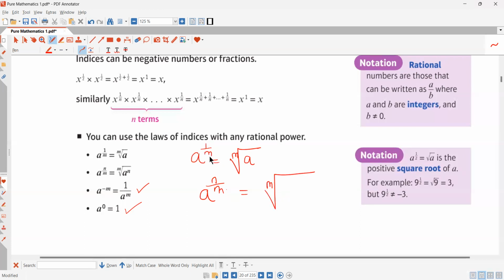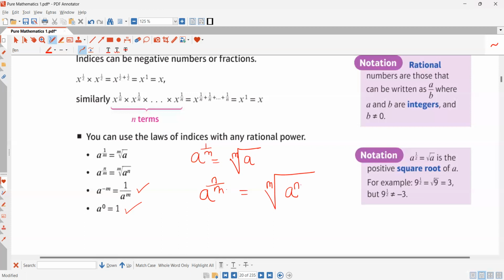See, m is in the denominator. If it's in the denominator, it will be in the root. But if it's in the numerator, it is going to be a raised to n. Clear? You need to learn this by heart. You need to write, practice, and make this your flash memory.